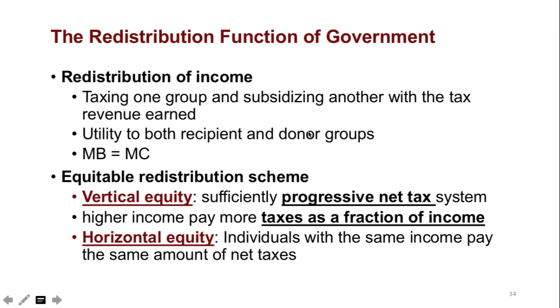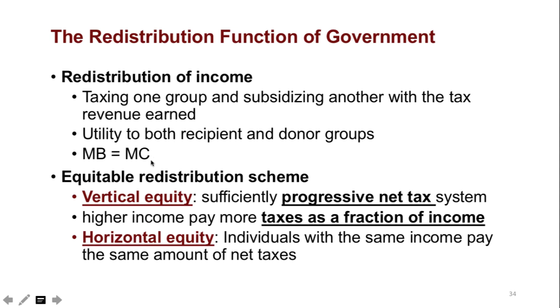There is a redistribution function of the government in terms of income. Redistribution of income means taxing one group and subsidizing another with the tax revenue earned. We are trying to set the utility of both recipient and donor groups up to the point where the marginal benefit of each group equals marginal cost.